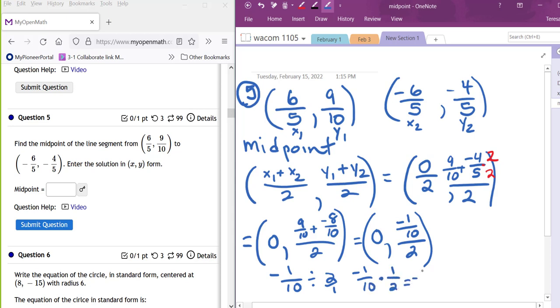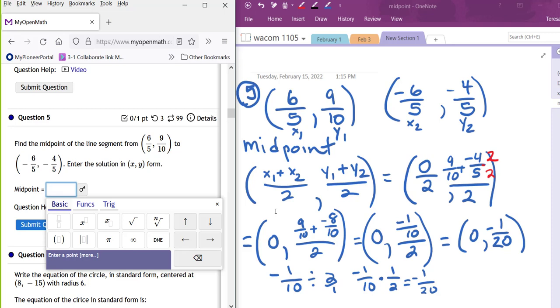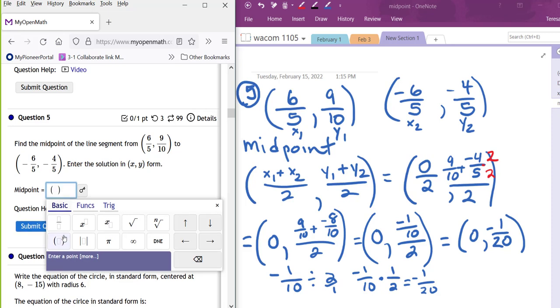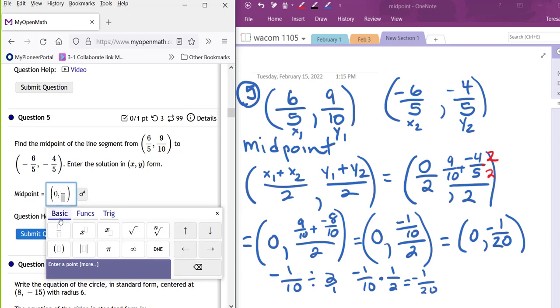And so this gives us -1/20. And that cleans this piece up. So 0 and -1/20. So the fractions were the part that was the pain there. At least maybe they made up for it with the 0 for the first one.